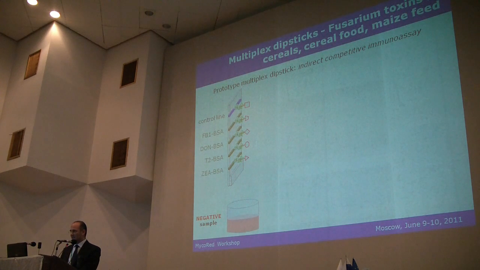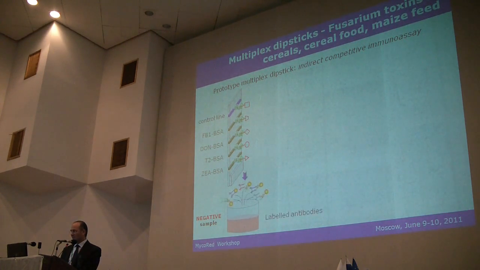On the strip are immobilized the toxin conjugates, each line is a toxin conjugate compound, and in the control line is immobilized an anti-IgG conjugate.